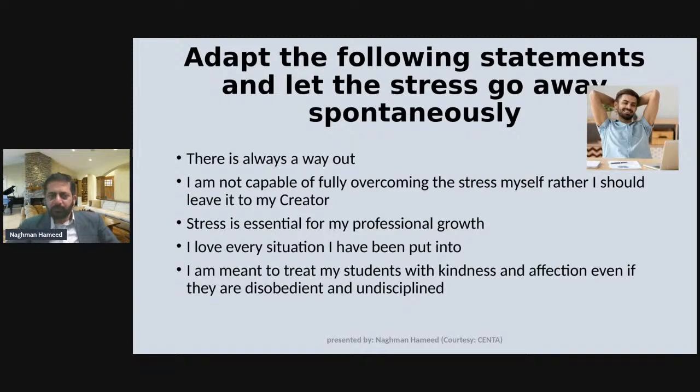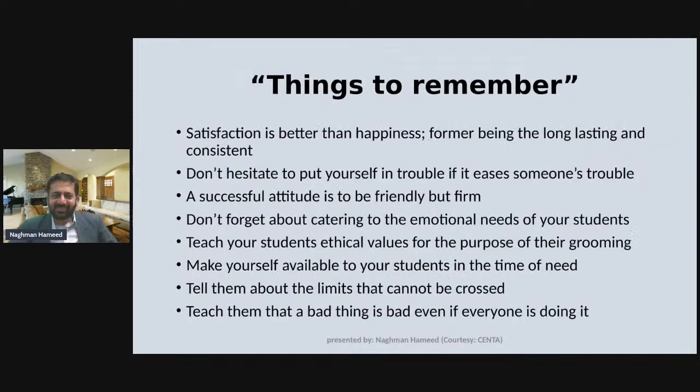I do agree. Okay. So we have to be consistent. We are adults and we should bear any such situation when the class is not behaving properly or students are not respecting the teacher. Even then, we should be kind to the students. Okay, let's try this. Try different techniques. Okay, next slide.